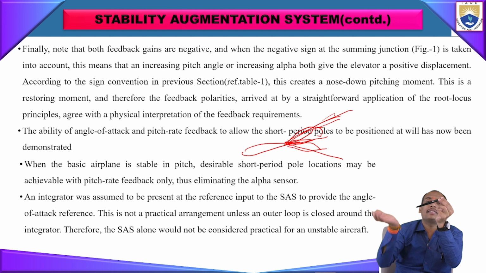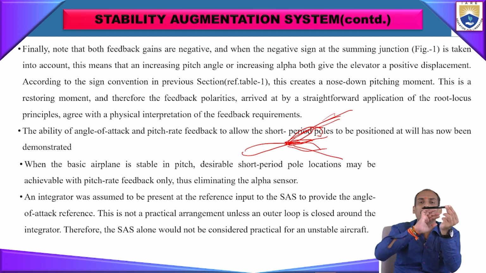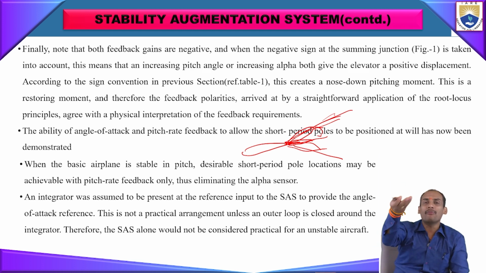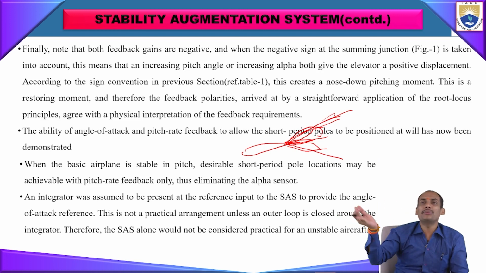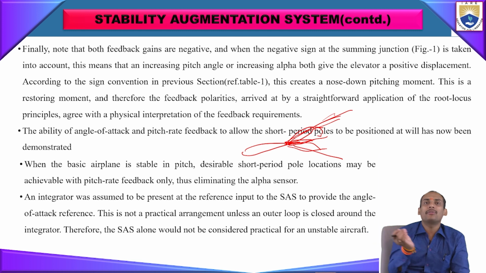Then for taking it into a stable condition, it has to take that negative moment only. So when the values are going from negative to positive, the values are going more toward the imaginary axis in the root locus.